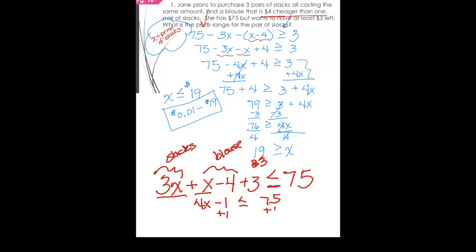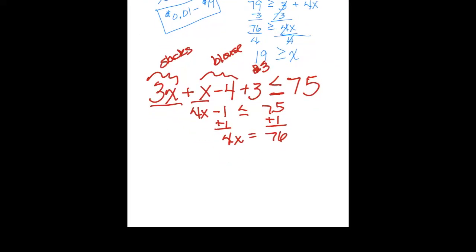Add 1, add 1. 4x equals 76. And when you divide by 4, x is less than or equal to $19. Still giving you 1 cent for the pair of slacks up to $19.